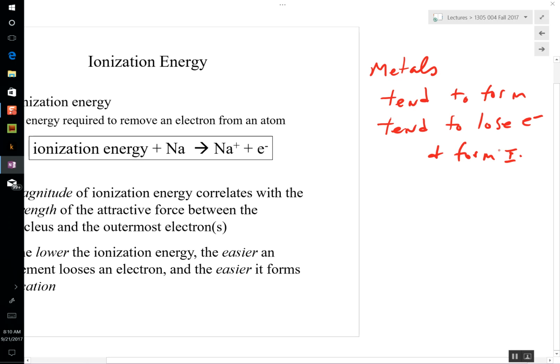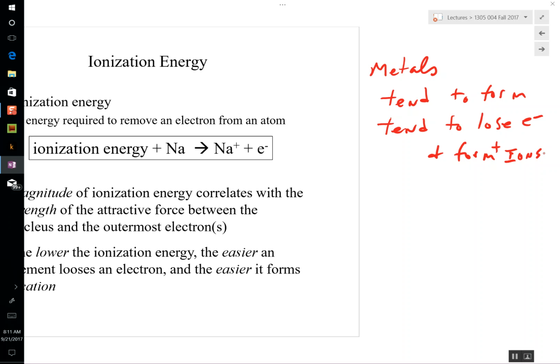I put it in that order, because losing an electron is what causes them to become a positive ion. So just knowing that metals have this tendency would suggest that it's not going to take a lot of energy to encourage a metal to do this.